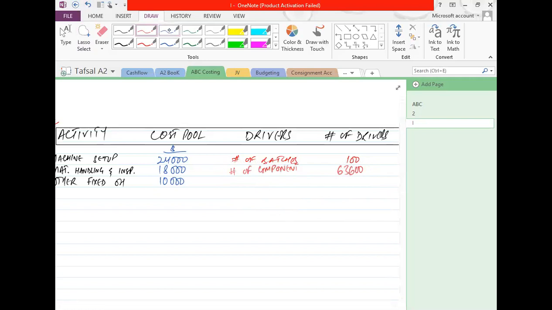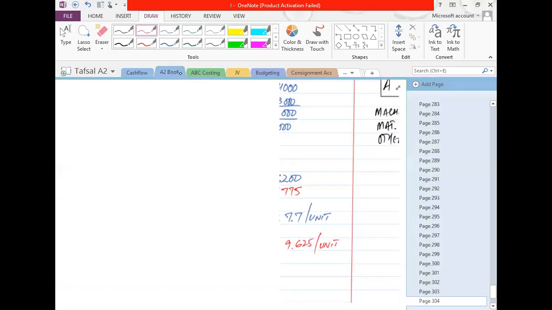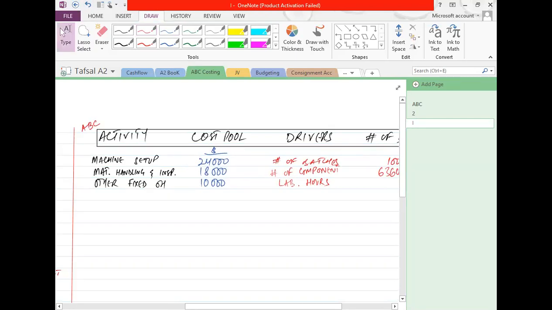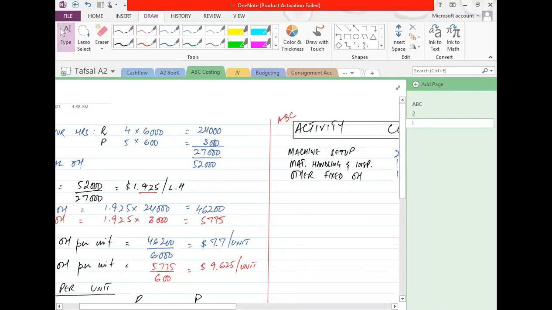And the last, for other overheads, we need to take labor hours. Already mentioned in the question, जिसका overhead given ना हो base, तो उसका आप labor hour ले लीजिएगा. Labor hour we already calculated, 27,000.